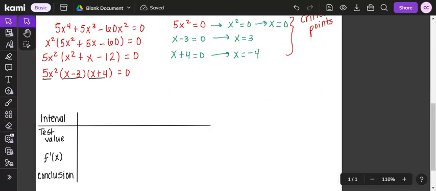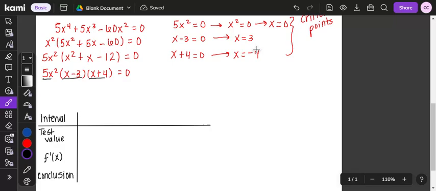All right, so I have 3 critical points up here. I have x equals 0, x equals 3, and x equals negative 4. So if I think about each of those points as a natural break in the function, then I can set up a bunch of intervals along this table.